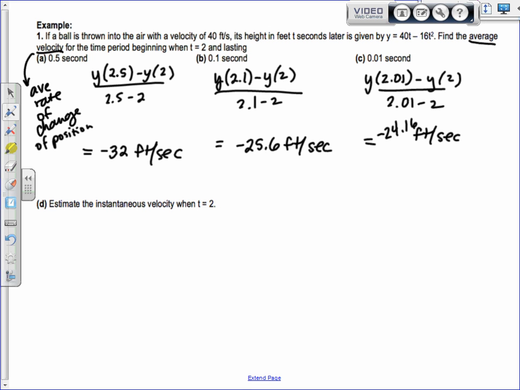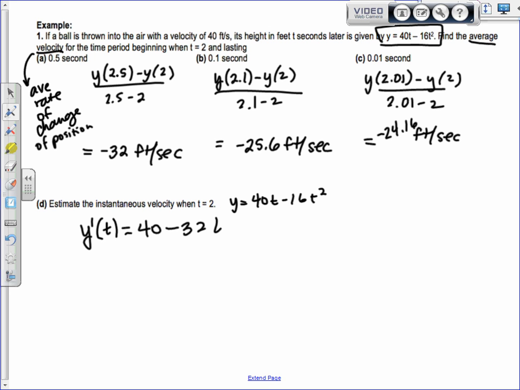All right, so it says estimate the instantaneous velocity when t is equal to 2. Okay, so let's do that. At exactly 2, that means we're taking the derivative, and then we're going to plug in 2, right? So let's just do the derivative with respect to t. The derivative of 40t minus 16t squared gives you 40 minus 32t.